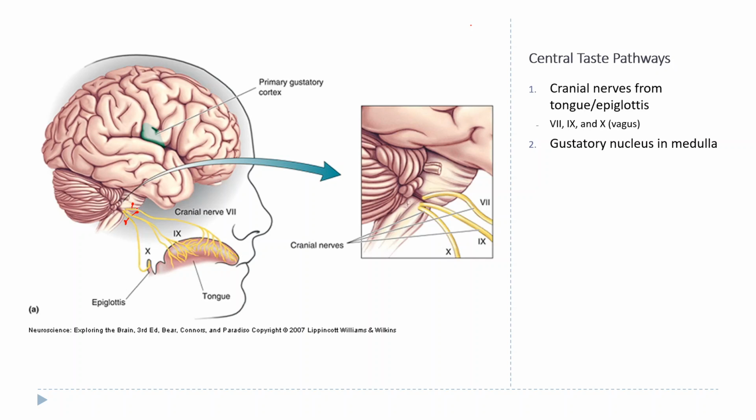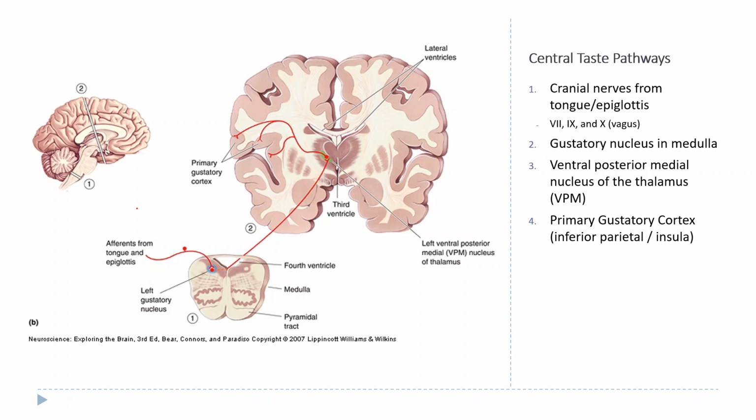The peripheral process is an axon that brings information in from the tongue, and the central process is an axon that goes into the brain and synapses onto the neurons of the gustatory nucleus. So these are the afferents from the tongue and epiglottis. The cell bodies of these neurons sit outside the brainstem in what are called the cranial nerve ganglia, and their central process comes in and synapses onto neurons in the gustatory nucleus.